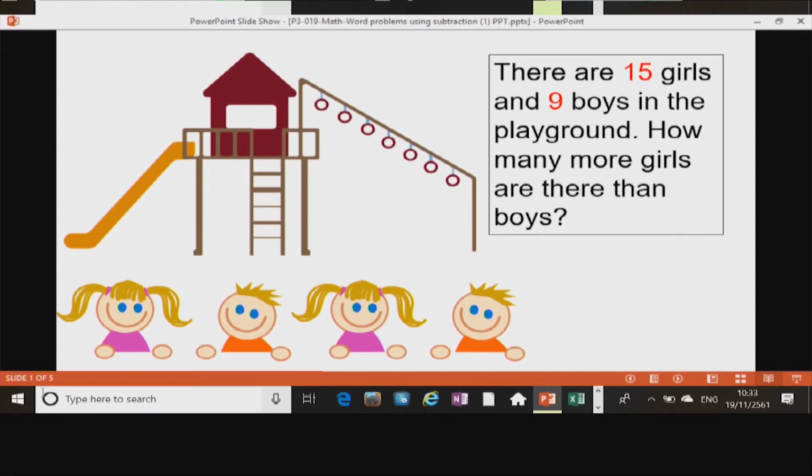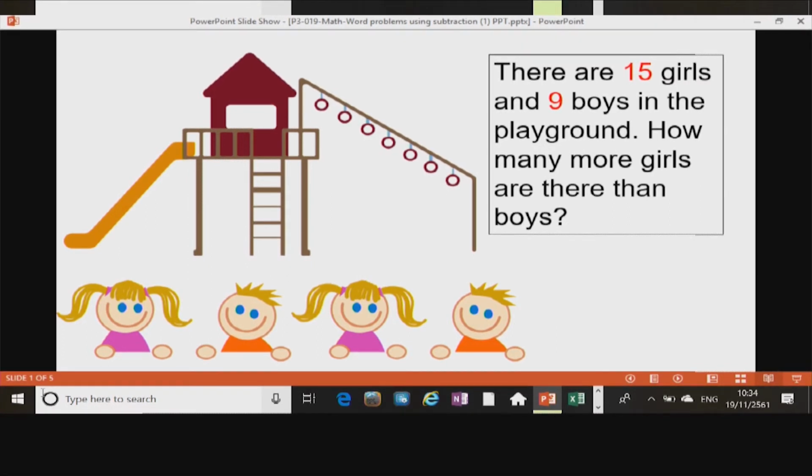It's 24? No, we're not adding. Take away. So 15 minus 9 equals 6. There are 6 more girls than boys, because 15 is 6 more than 9. 15 minus 9 equals 6.